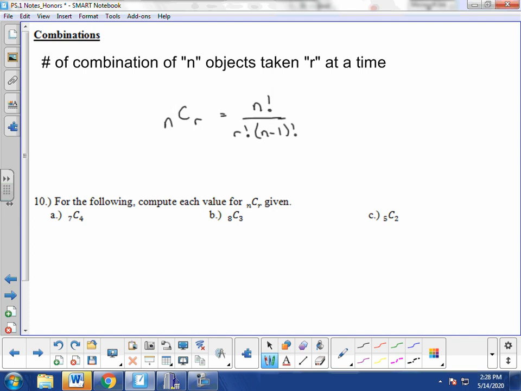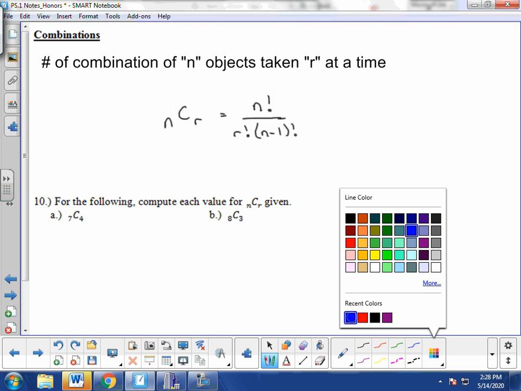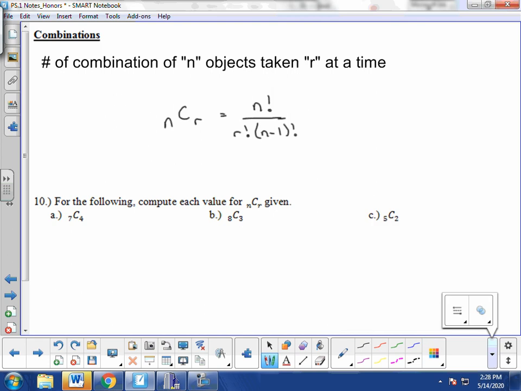So let's take a look at just some algebraic expressions. For example, we have a combination where there are 7 elements, and we're going to choose 4 out of those 7. So for example, if I had 7 of you in a class and I'm going to draw 4 to work on some activity, how many combinations could I draw?